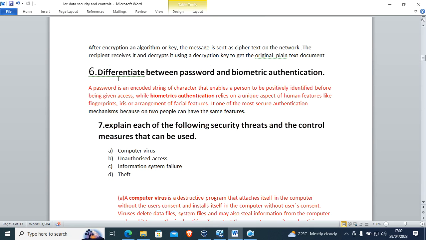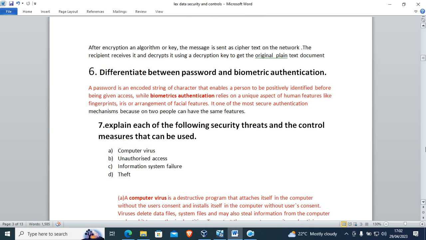Then we have differentiate between password and biometric authentication. A password is an encoded string of characters that enables a person to be positively identified before being given access. You have all dealt with smartphones. When you want to access your Facebook, your IG, your TikTok account, you have to supply the password.